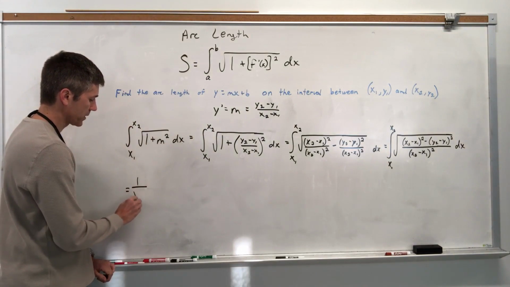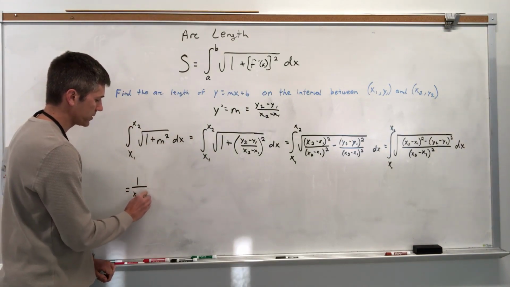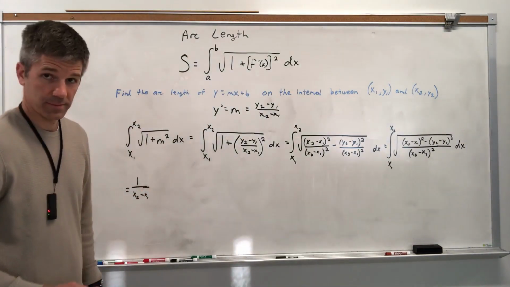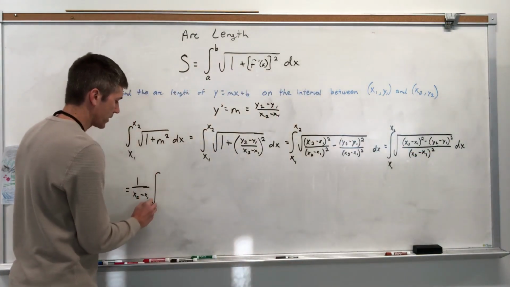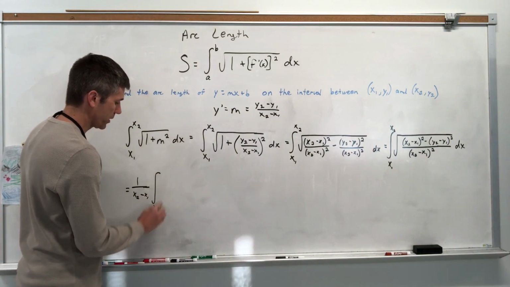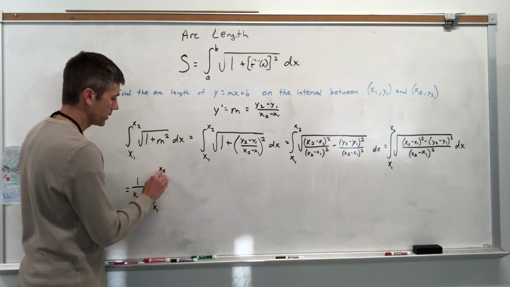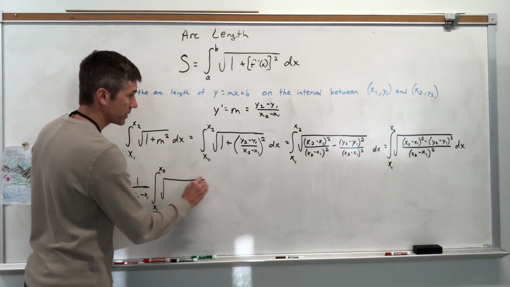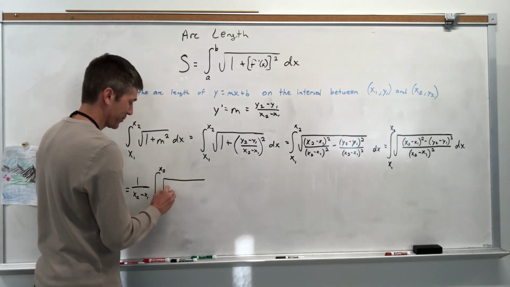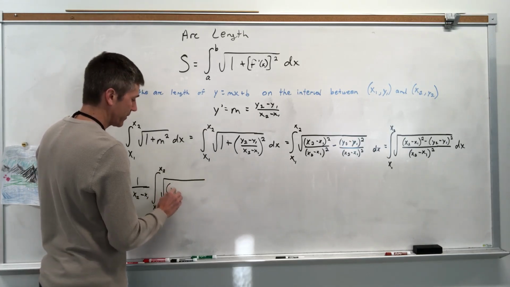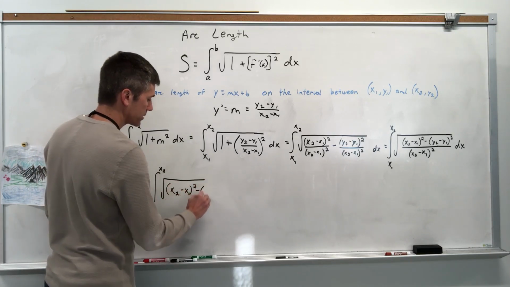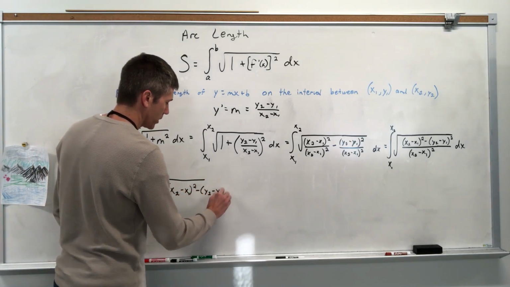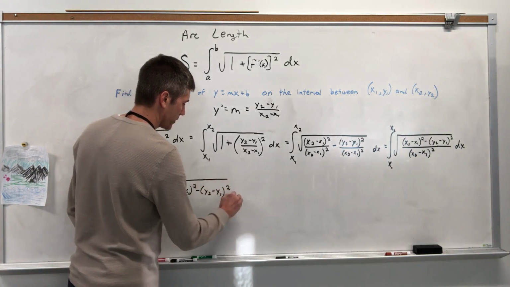So my next step looks like this. 1 over x2 minus x1 just got factored out because I square rooted it. And then we have the integral from x1 to x2 of, I'm having so much fun here, y'all don't even know, the square root of (x2 minus x1) squared plus (y2 minus y1) squared dx.